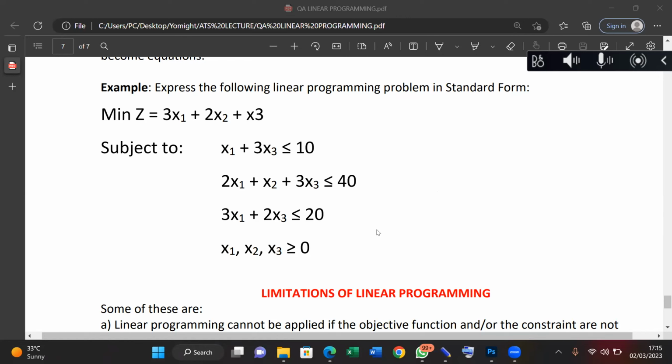But the material is used as one of X1 and three of X3, two of X1, one of X2, three of X3, and the total available is 40. While we also have 3X1 plus 2X3 less than or equal to 20. So this is a question that has already been given, and we are asked to express it in the standard form.